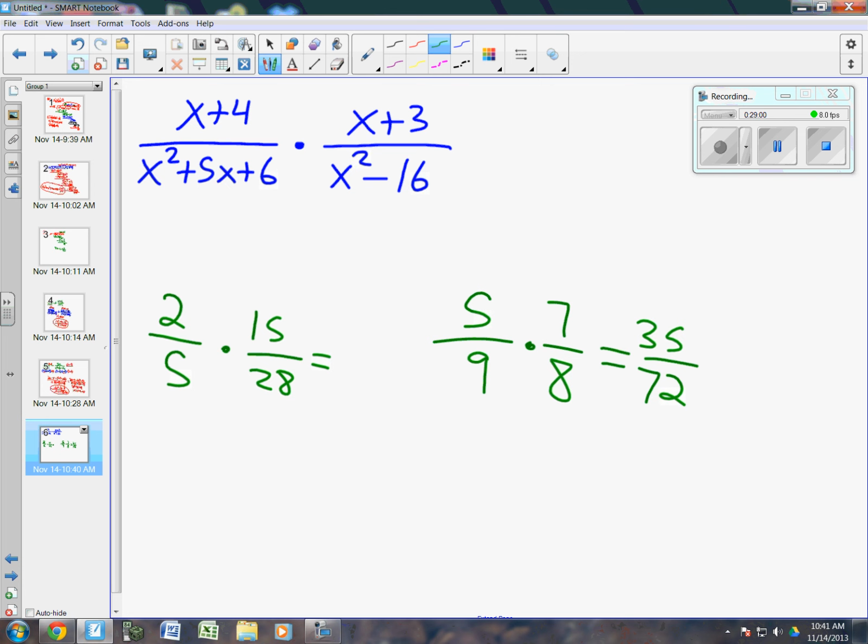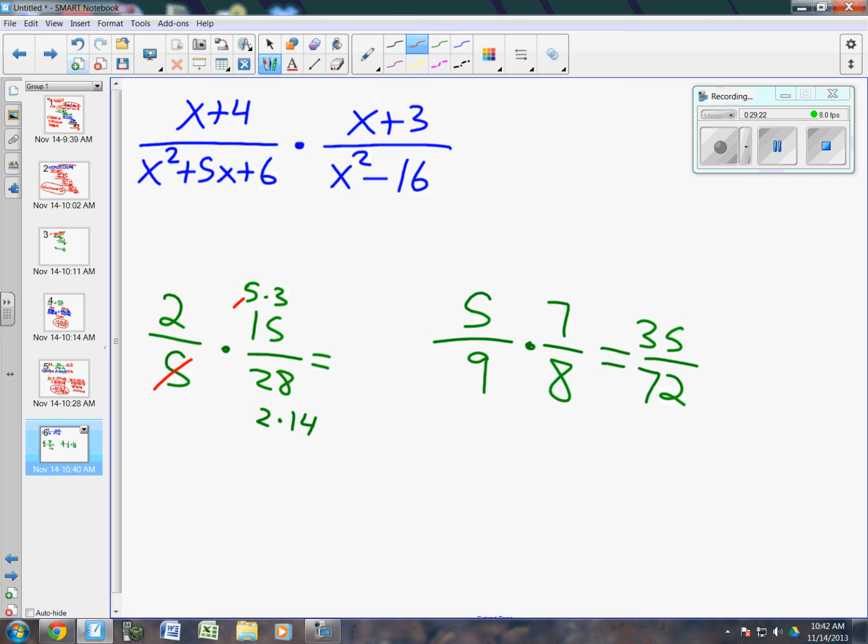For the sake of what we're doing right here, I'm going to rewrite this one as 2 times 14, and this one as 5 times 3. Because when you're multiplying two fractions together, you can cancel any factor on the bottom with any factor on the top. Not when you're adding or subtracting, but when you're multiplying.